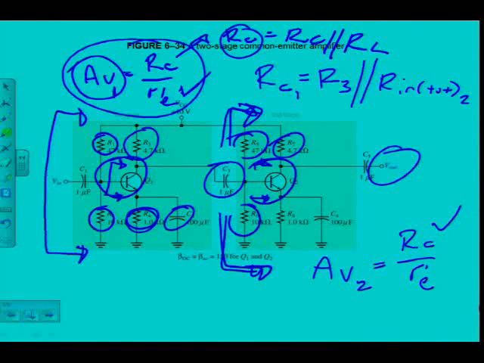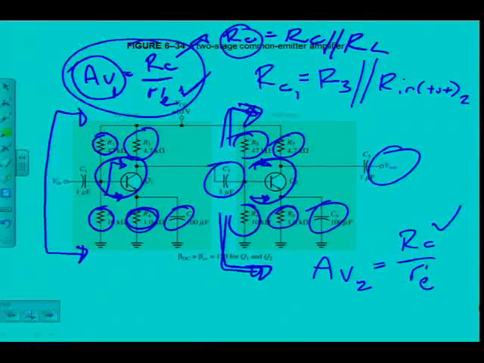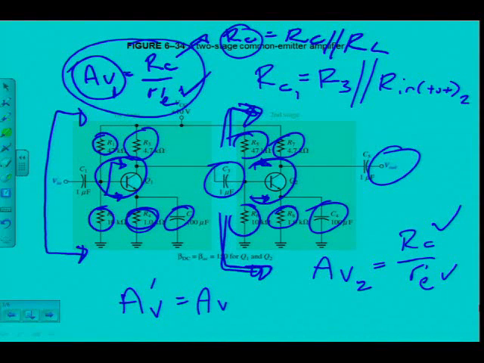And below the line, is RE bypassed or not? RE in this case is R8. There is a capacitor, so that's also true. Voltage gain of the second stage is going to be that. So finally then I have the voltage gain of the first stage and the voltage gain of the second stage. To get the overall voltage gain, A accent V is then going to be AV1 times AV2. That's it.